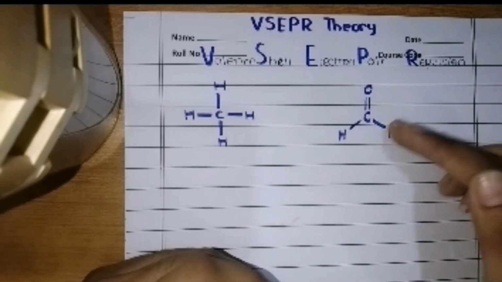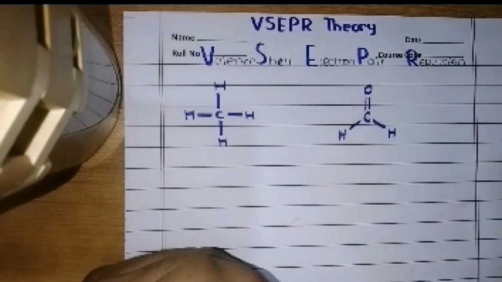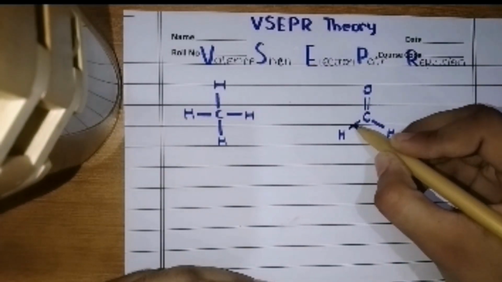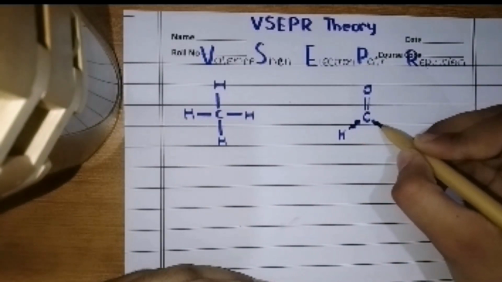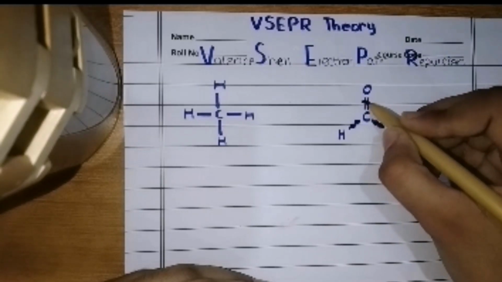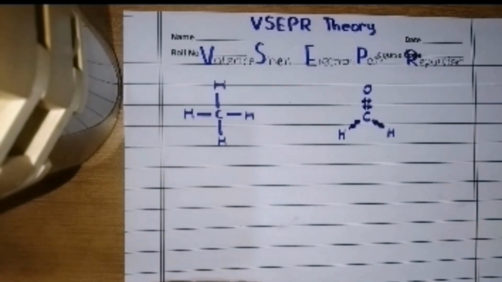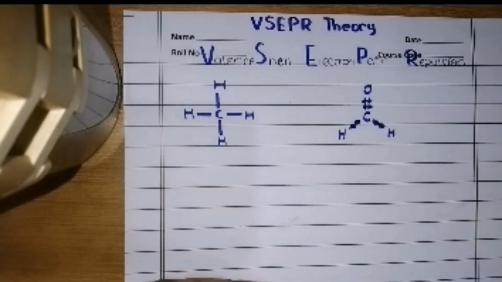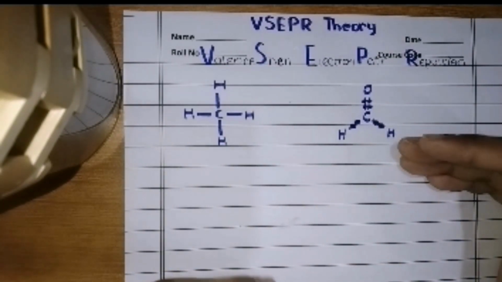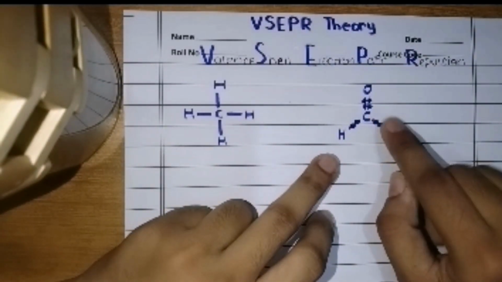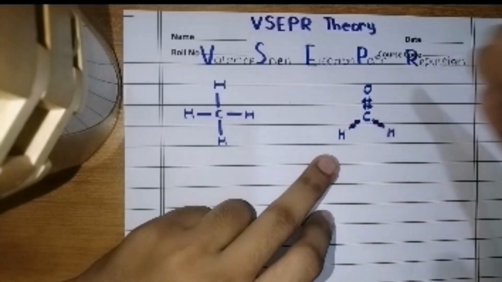What it means is that these two bonds will repel each other in space so that they would be as far as possible, which means that they must have as maximum a bond angle as possible.